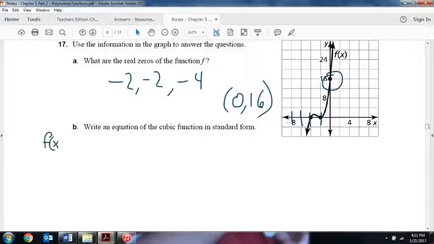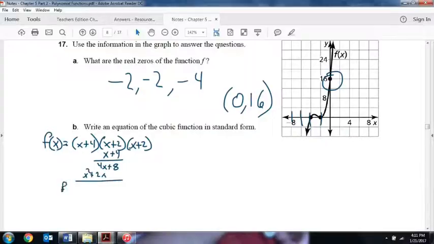So f of x equals x plus 4, and then we have two -2s, so we have an x plus 2 and an x plus 2. We just need to start multiplying this out. So here we go. X plus 4: 4 times 2 is 8, 4 times x is 4x, x times 2 is 2x, x times x is x squared.